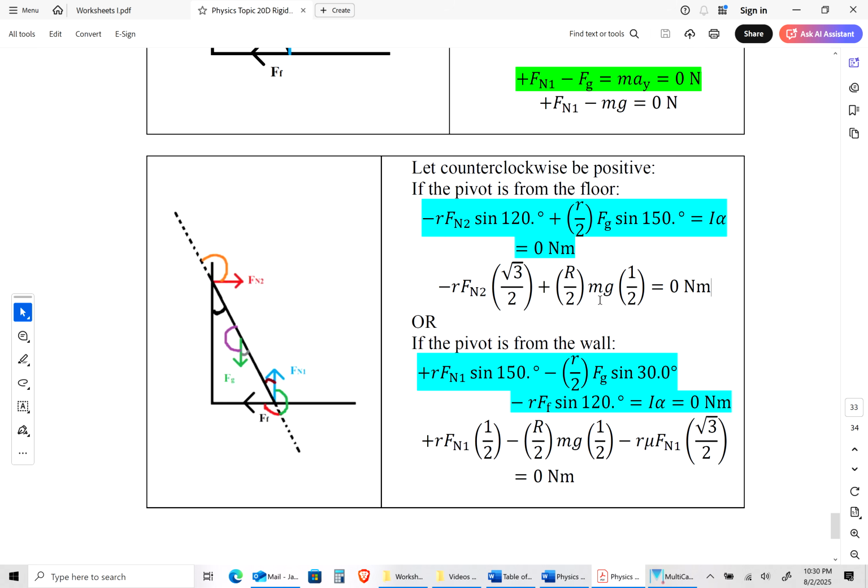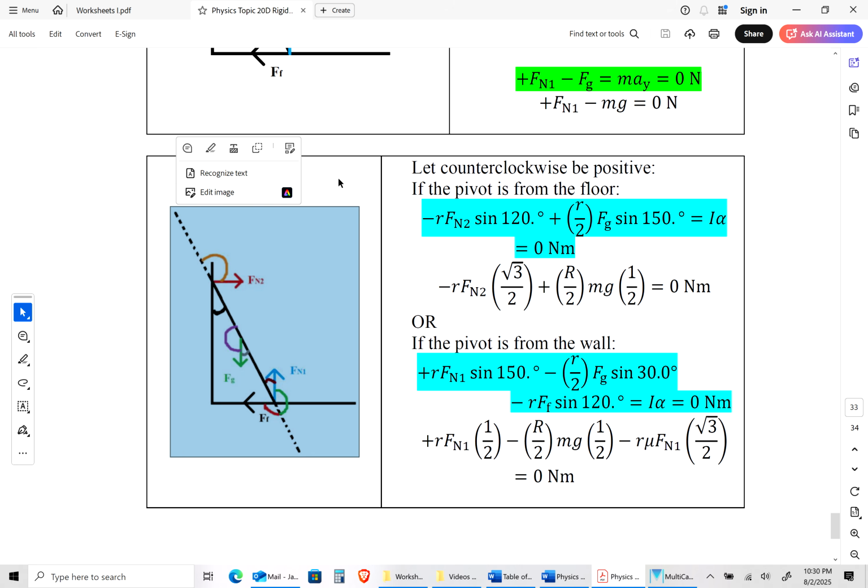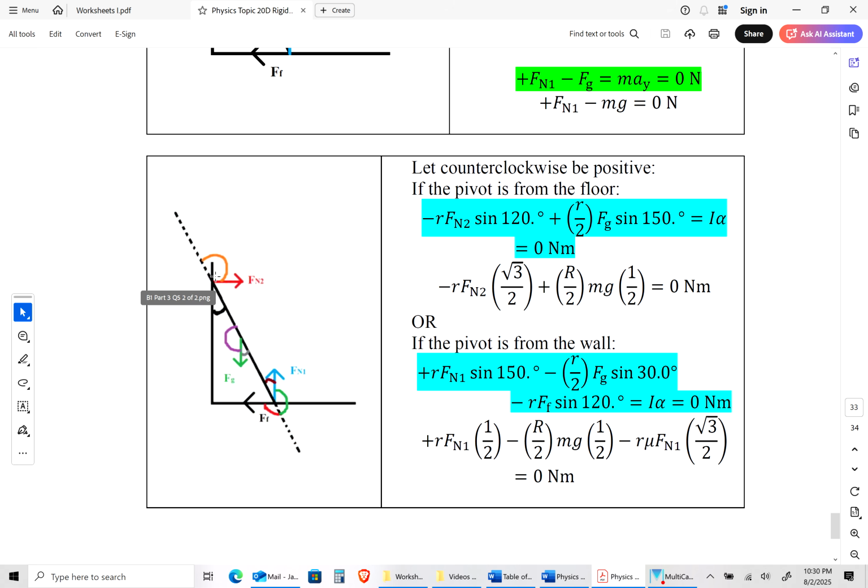Now, if the pivot is from the wall, meaning we're saying R equals 0, the origin starts at the wall, it's going to be this whole big R, which is the whole length of the ladder, times force normal 1, times this angle in green. That angle in green is 150 degrees. Minus R over 2 force gravity sine theta, which means R over 2 is half the length of the ladder.